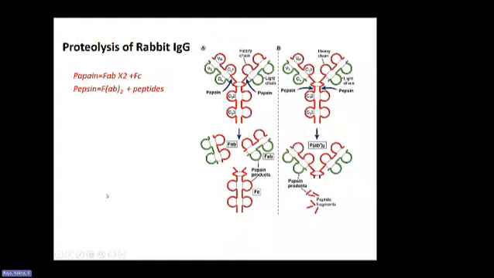All right, so how was this structure determined? They used rabbit immunoglobulin and some enzymes to break down the structure of the immunoglobulin. When the enzyme papain was used, the molecule was broken down above the hinge.